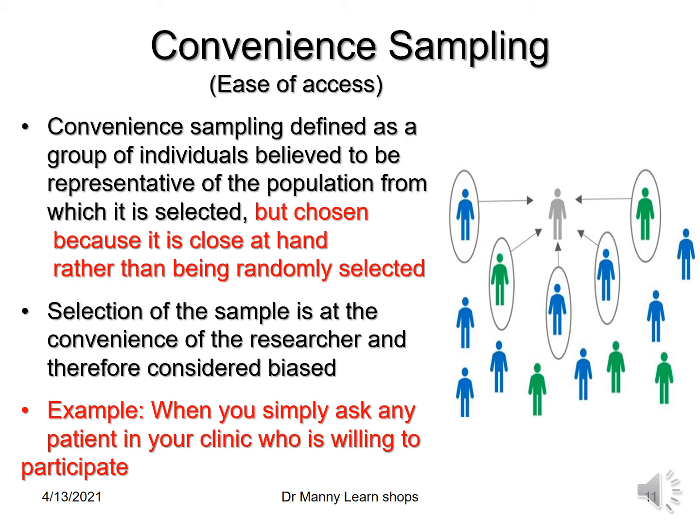The selection of the sample is convenient for you, and therefore quantitative researchers might consider that being biased. For example, you simply ask any patient in your clinic who is willing to participate in the study, or you've got colleagues that you want information from that you know, it's convenient. So you ask them if they're willing to participate in the sample. That's convenience sampling.